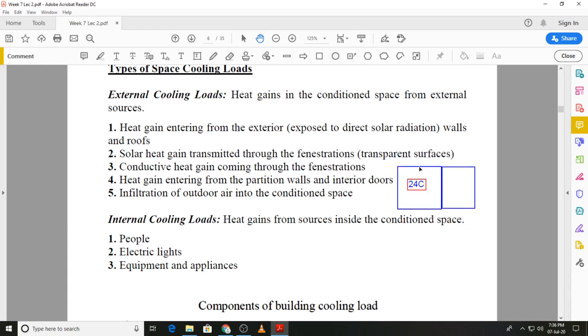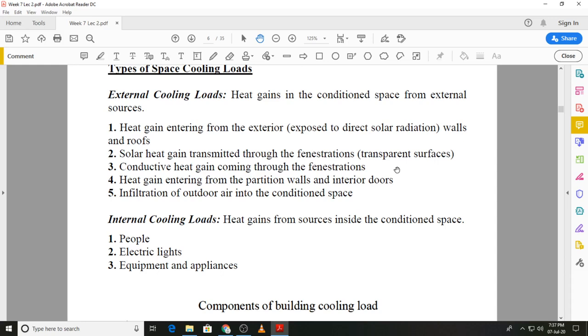And then we come to the fifth type of external cooling load, that is infiltration of outdoor air. When we use the word infiltration, it is uncontrolled entry of the outside air into the conditioned space. If we are considering summer air conditioning, the outside air will be at a higher temperature.